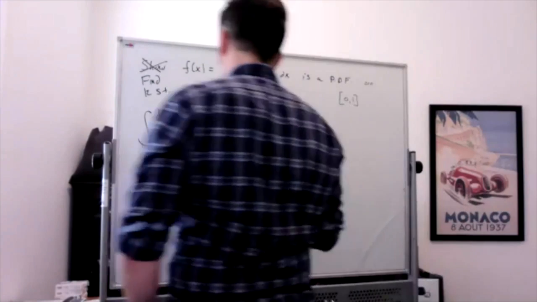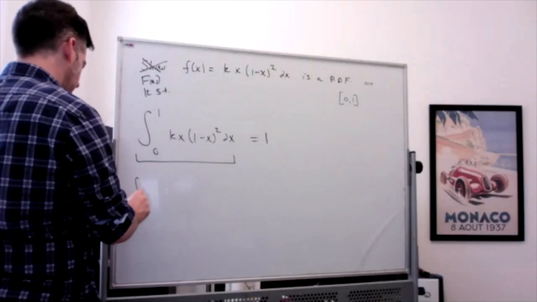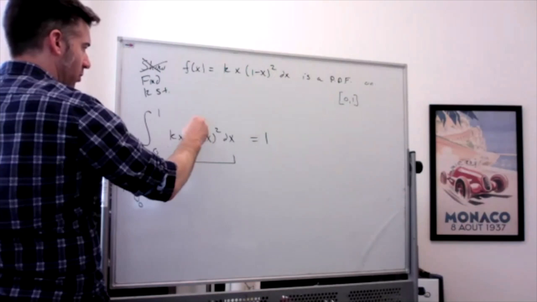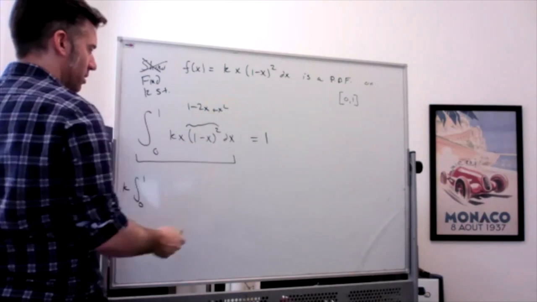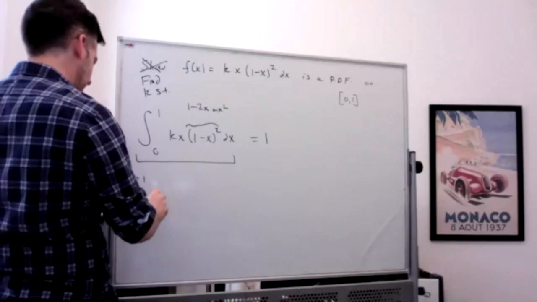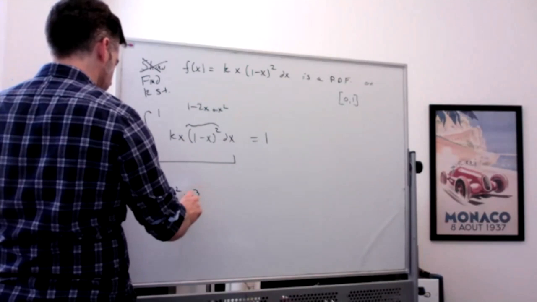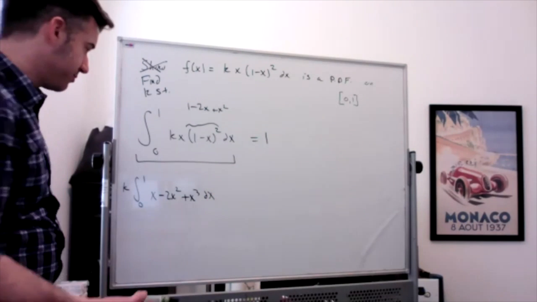So one option would be to do this as the integral from 0 to 1 of k times, (1 minus x) squared is 1 minus 2x plus x squared. Then multiply that by x, and you get x minus 2x squared plus x cubed. That is one option that's totally legit.